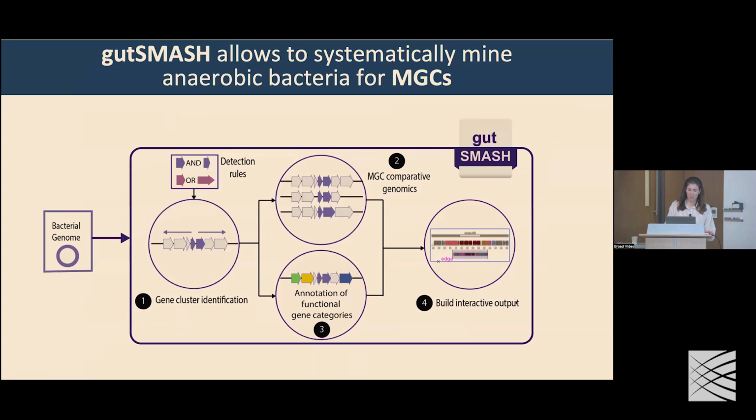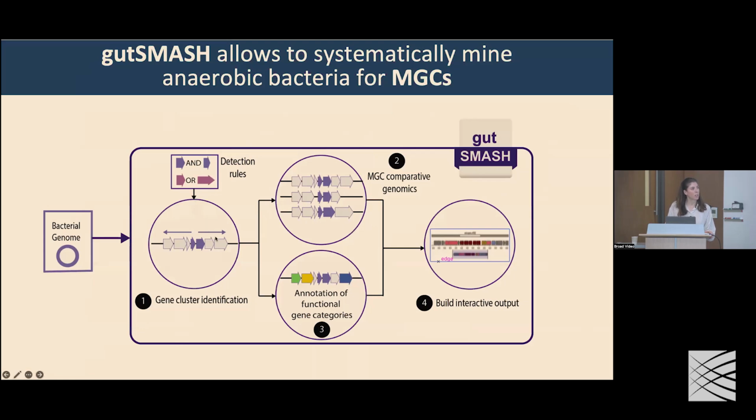So the general GATSMASH workflow would be to start from a bacterial genome. We use the bacterial genome, either in GenBank format or FASTA format, as input. Then GATSMASH identifies the gene clusters by iterating over the detection rules.